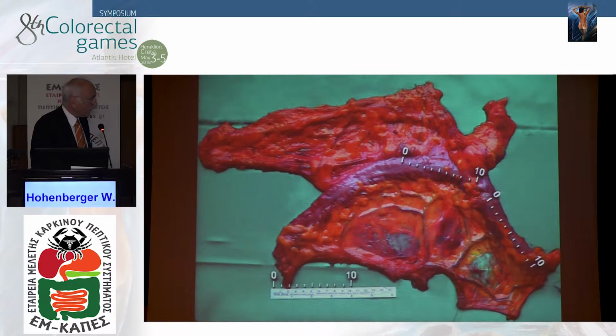If you follow the planes, it's easy, clear surgery. But you see again, the ileocolic artery and the gastrocolic arcade are included, and the lymph nodes along the inferior aspect of the pancreas too. And the question is, is it necessary?